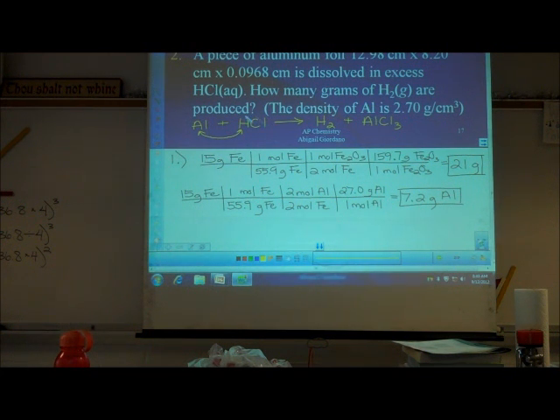Let's see. You take it from there. Remember how I told you to get used to using density as one of the earlier steps in a multi-step problem? This is what you have here.